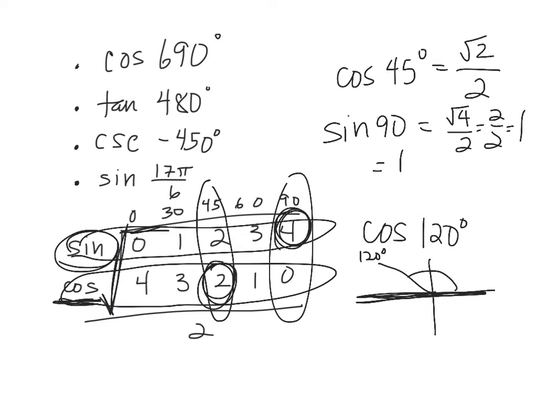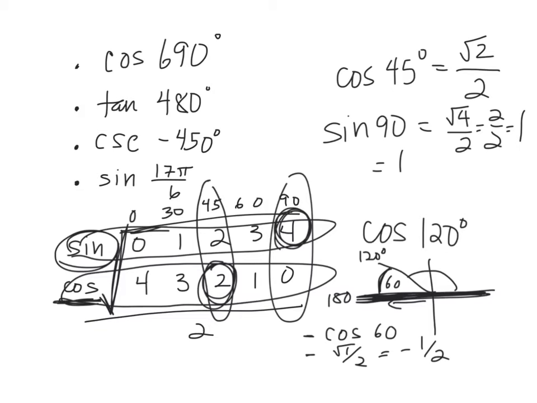We know the x-axis is at 180, and the distance between that is 60. So 180 minus 120 is 60. So cosine of 120 is the same as cosine of 60. However, because I went to the left, and cosine is on the x-axis, cosine has to be negative. Cosine of 60, if we look at our table, is square root of 1 over 2, or 1/2, so the answer is negative 1/2.